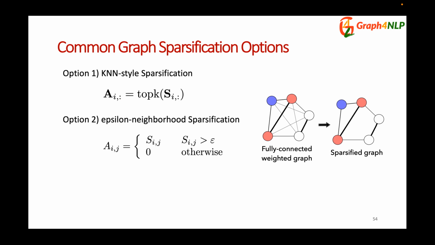Besides explicitly enforcing the sparsity of the learned graph by applying some form of threshold, either k for kNN or epsilon for epsilon-neighborhood sparsification, sparsity can also be enforced implicitly, but in a learning-based manner. For example, we can apply some form of graph regularization to the learned adjacency matrix to enforce sparsity.